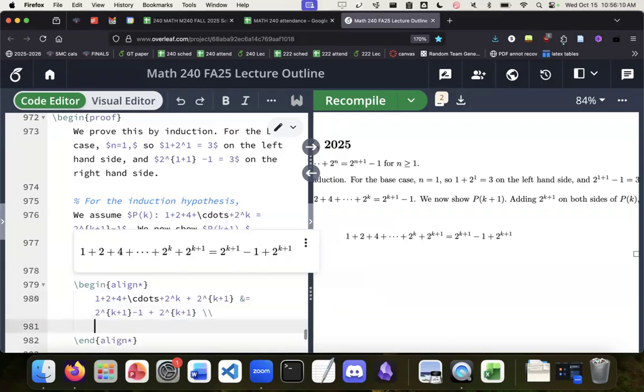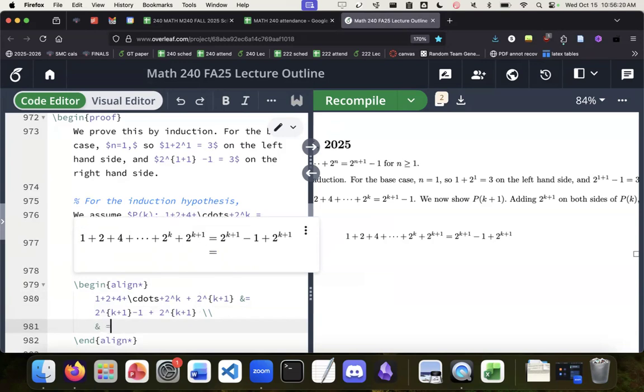So I need a new line, and then I don't need to type out the left-hand side of the equal sign because that's not changing. So I can just do and equals. And then what happens here? So we move the 2 to the k plus 1 next to the 2 to the k plus 1. Then we factor out a 2. And so we don't need to show all of those steps.